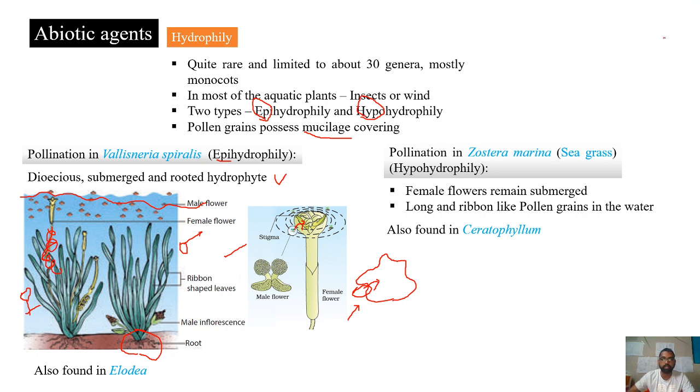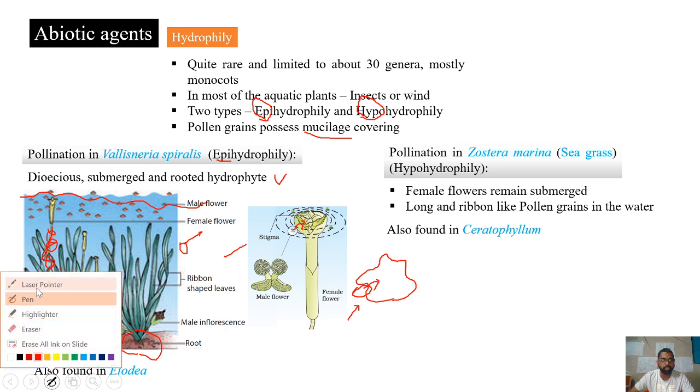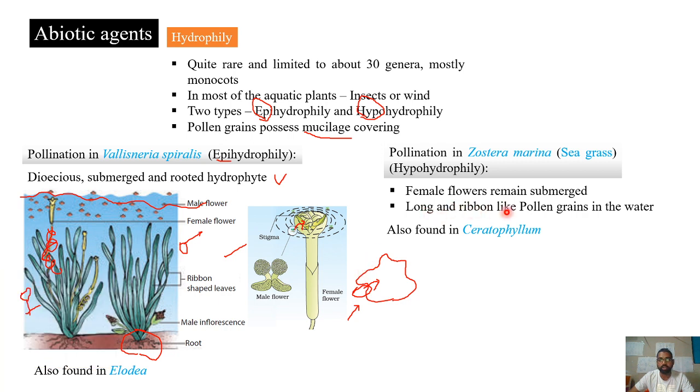This can help in the free floating of the pollen grains within the water. So this kind of pollination is hypohydrophily because it is taking place in the water. This can also be seen in the Ceratophyllum, and epihydrophily can also be seen in the Elodea.